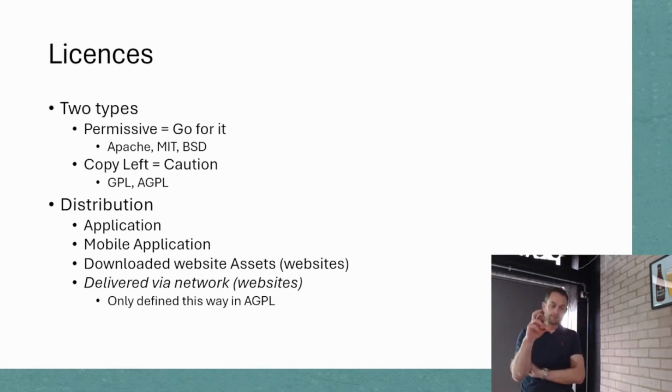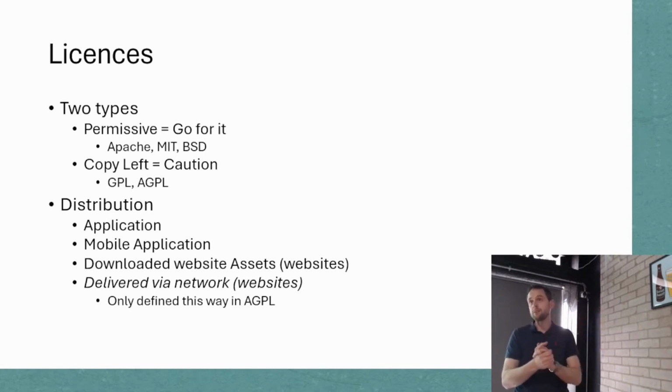The most common is GPL. Now GPL is where the web developers will be breathing a sigh of relief, because GPL says you only have to do that if you're distributing it. So that is an application that you send out somewhere to be installed, or a mobile application. Where it gets a little bit more tricky is it does include downloaded assets from a website.